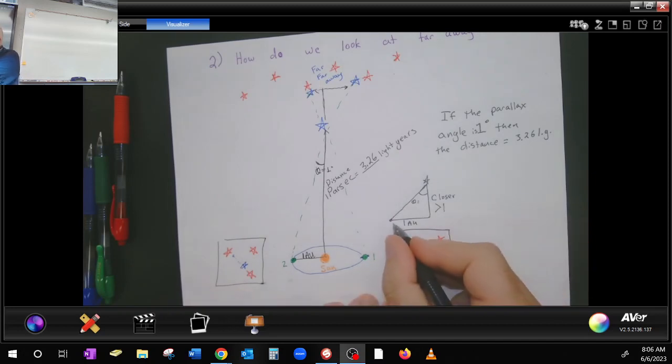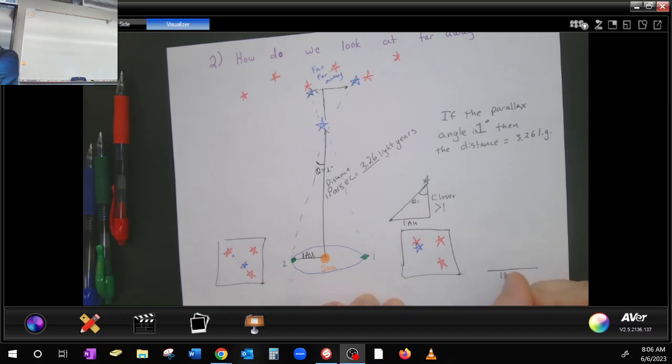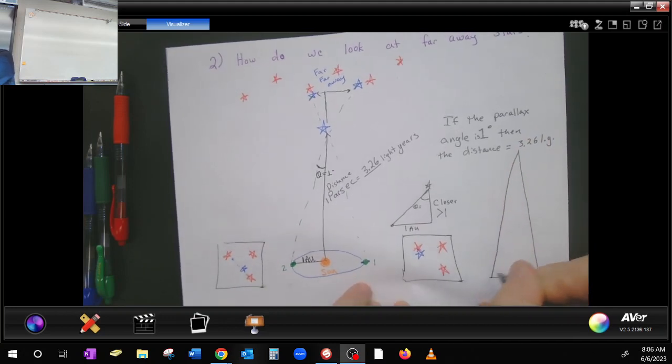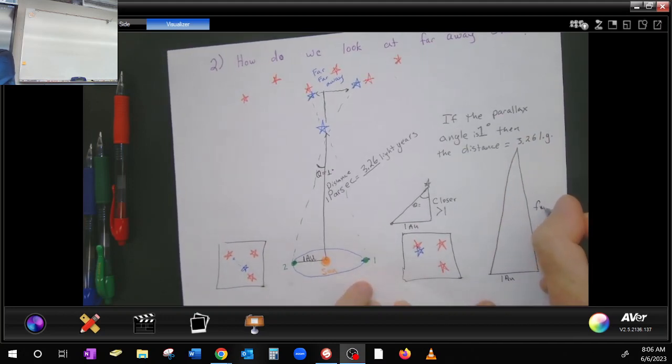Once again, if I keep this same distance from the Earth to the Sun, so 1 AU, and that object is further away, then this angle right here will be smaller. So this angle will be less than 1.